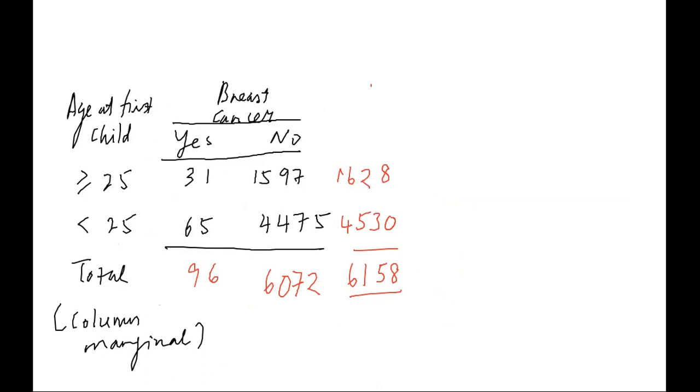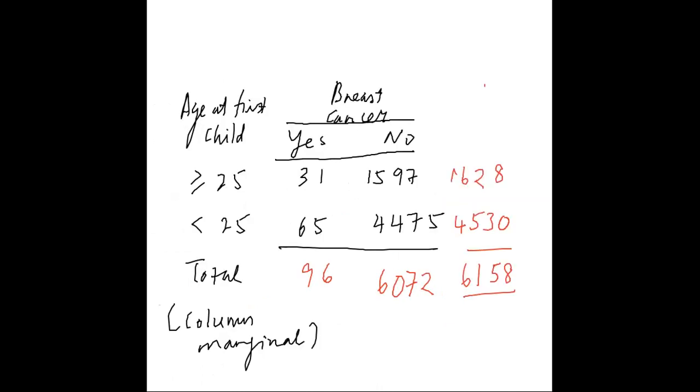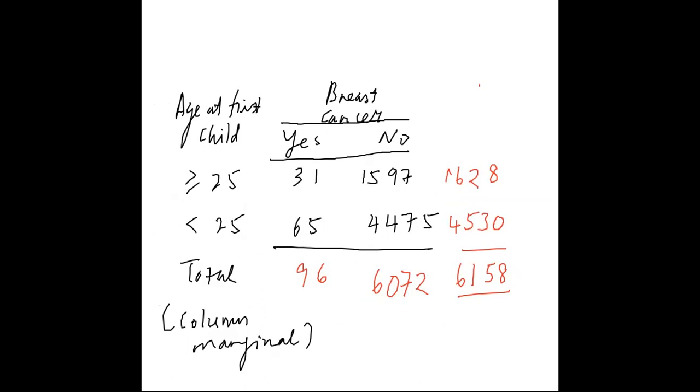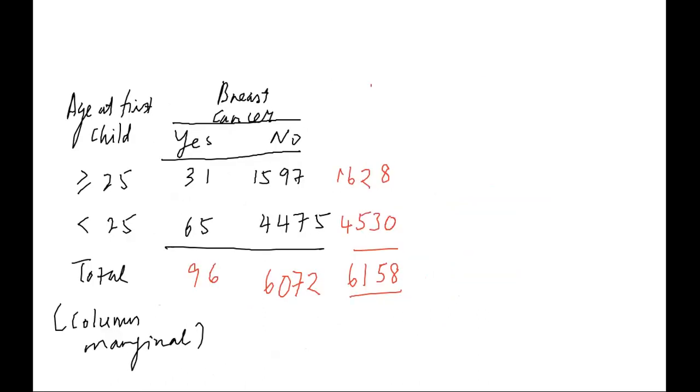So then you are asked to find, sorry, first part is, write down the null and alternative hypothesis, okay? So your null will be the two variables are not associated, right?